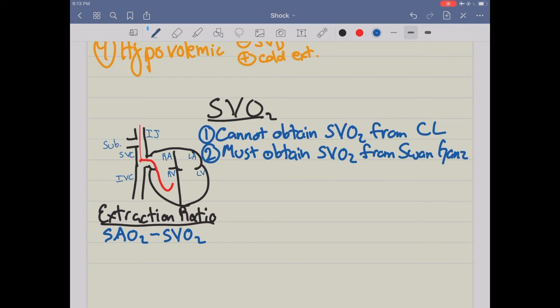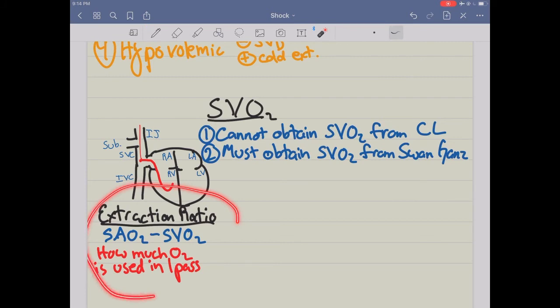Our SaO2 is the amount of oxygen in our blood, and our SVO2 is the amount of oxygen coming back before it gets reoxygenated. This measures how much oxygen is used in one pass.